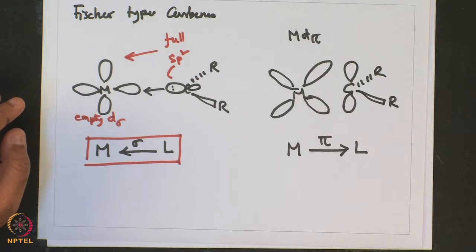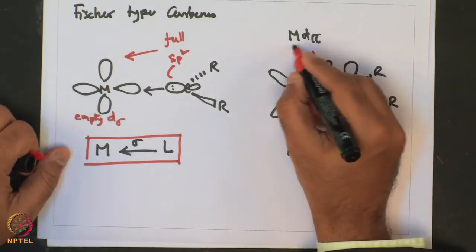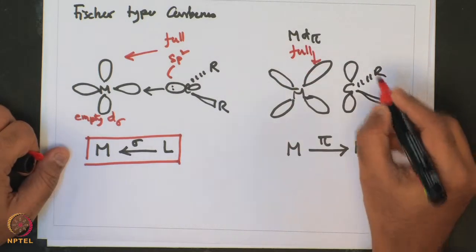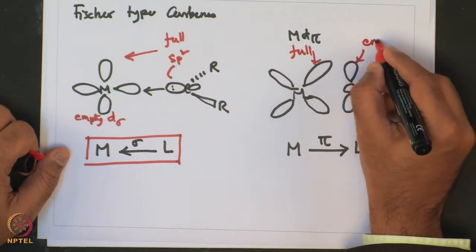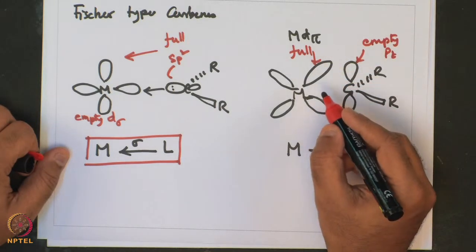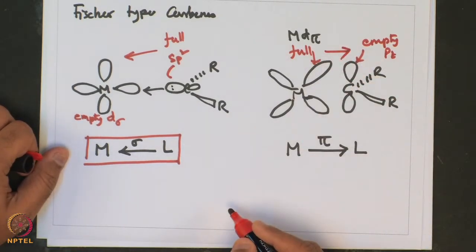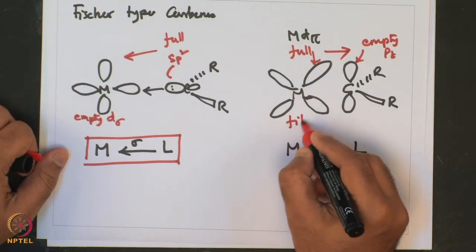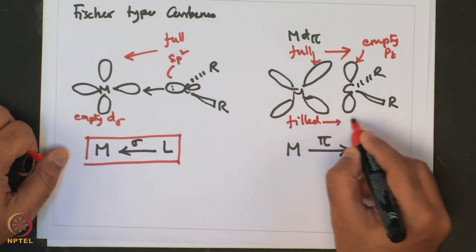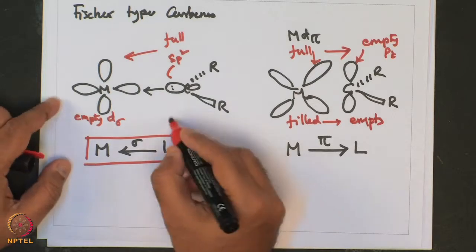So, in this case this one is full and this is empty pz orbital, and then the donation is happening from filled to empty.